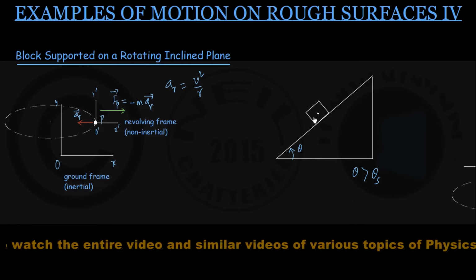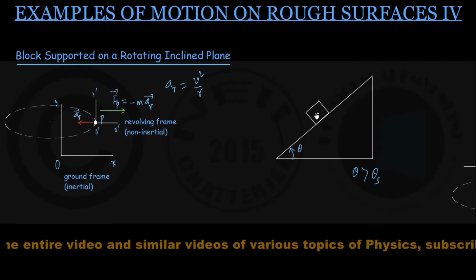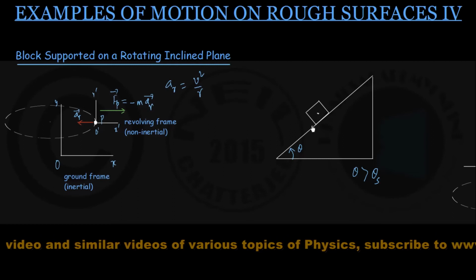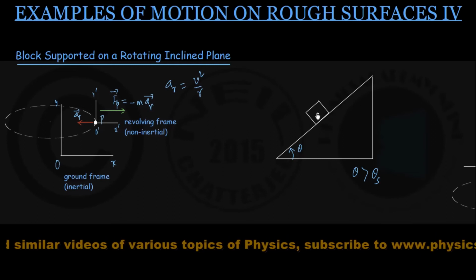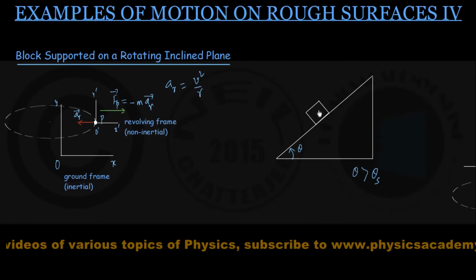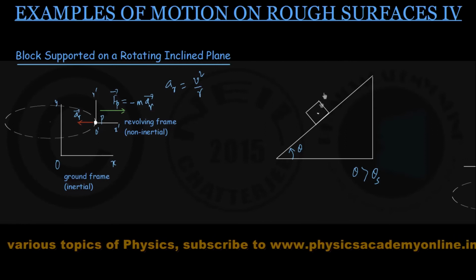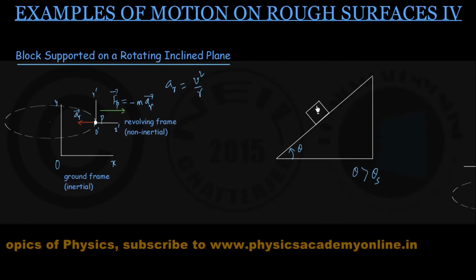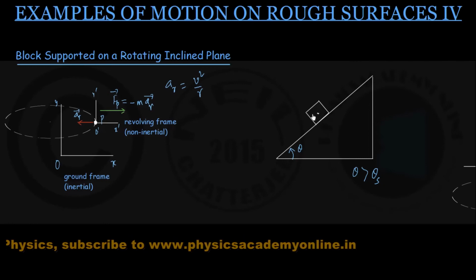Is there any way to hold the block here, keeping it at rest? We have already seen in a previous example that if we apply a force onto the block in an inclined manner, then within a range the force can keep this block at rest.